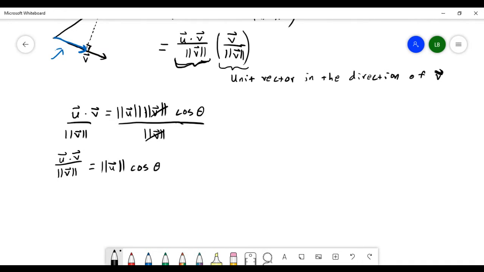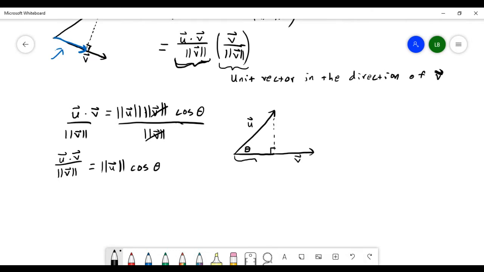And if we actually drew our vectors out as a triangle, a right triangle, this would be u, v would be something like this, but we can make a right triangle like so. Here's our angle between them.